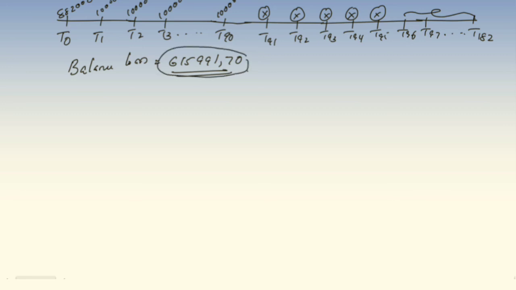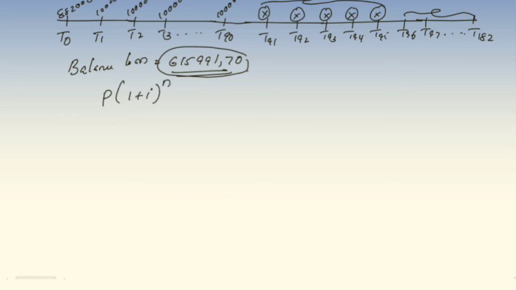And for the next 5 months he didn't pay. So this money has to be compounded for the next 5 months with the same interest rate, because in that interval he didn't pay. Any interval where equal payment is not there, you have to use the compound interest formula. So we are using this formula, P times 1 plus I to the power n.